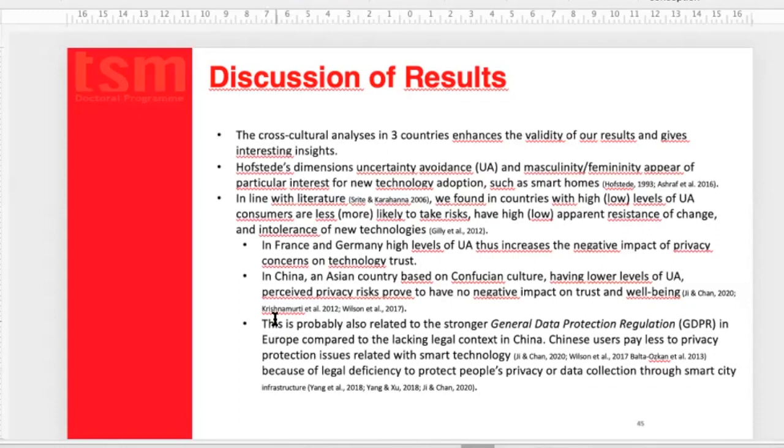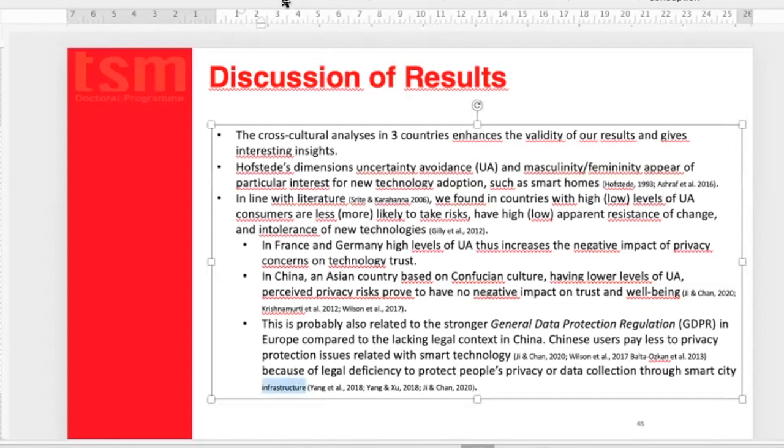So in China, the users pay less attention to privacy protection because they're less protected due to legal deficiency to protect privacy or data collection. That is why people are actually less concerned in China due also to these legal problems.